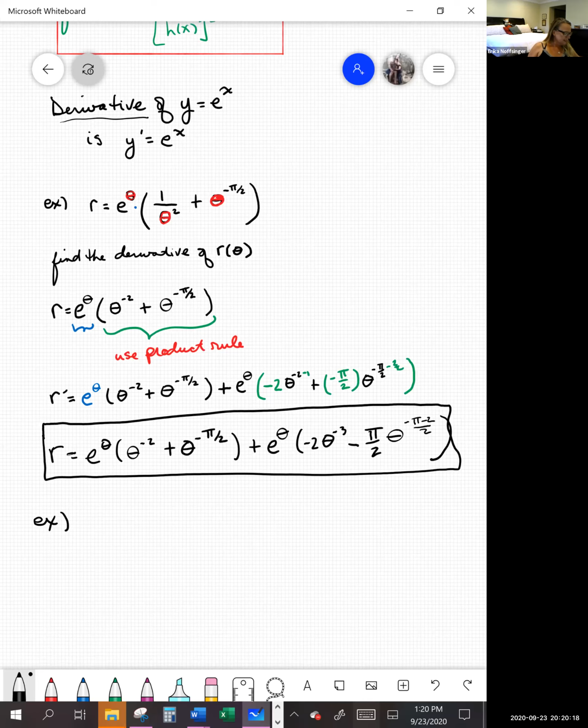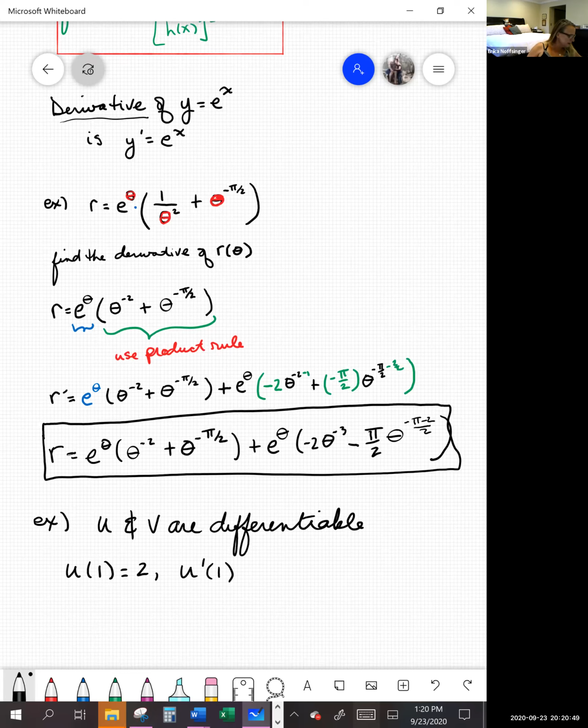Okay, so let's say you are given that u and v are differentiable functions of x, and they say that u of 1 is equal to 2, u prime of 1, the derivative of u at 1, is equal to 0.